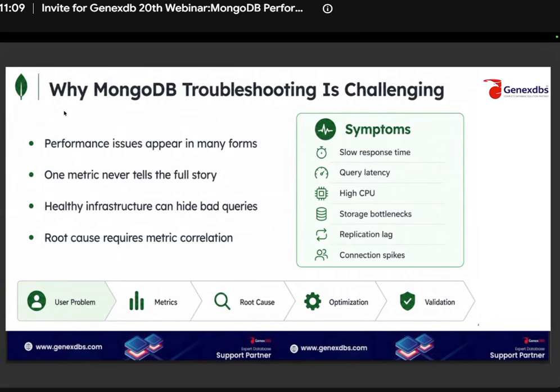So consider a production scenario. For example, the application team or users report that the application response time has significantly increased from a few milliseconds to nearly 4 seconds. Then we DBAs check the MongoDB cluster health and observe that the CPU utilization is normal, memory usage is stable, and replication is also healthy.